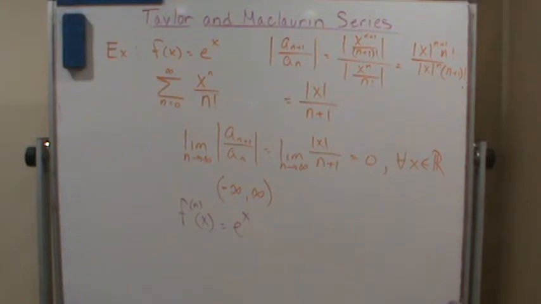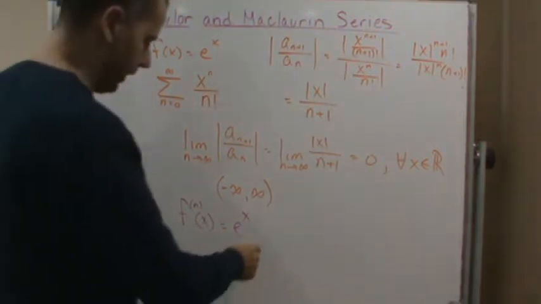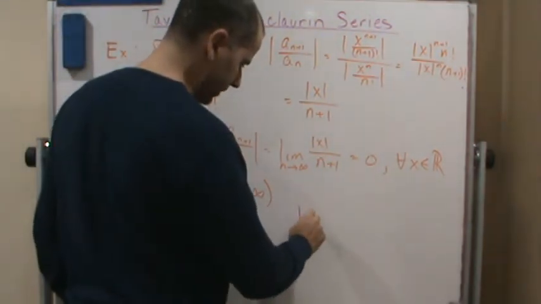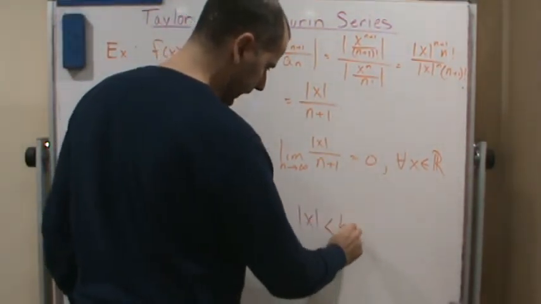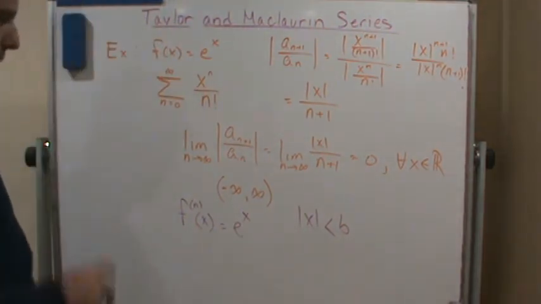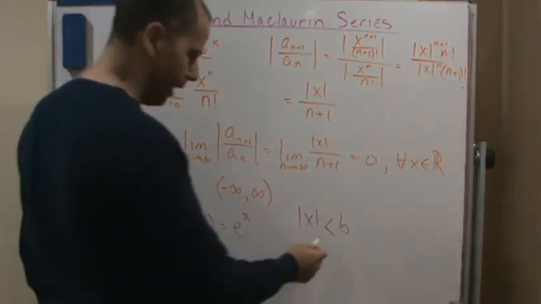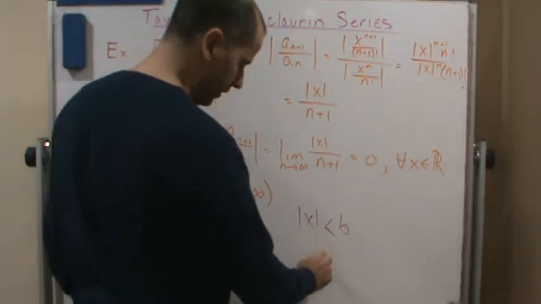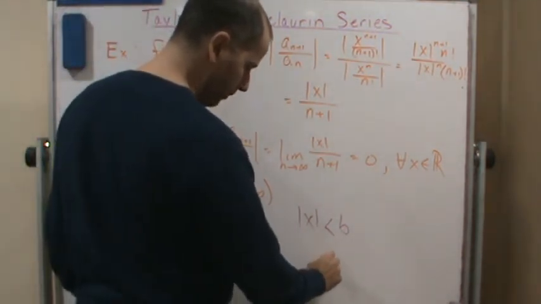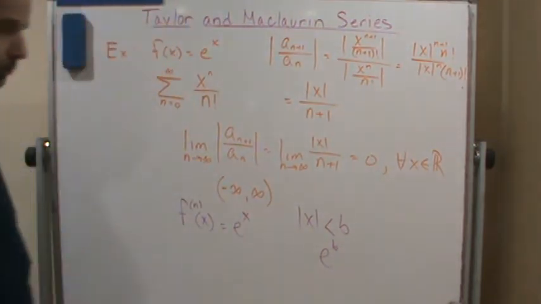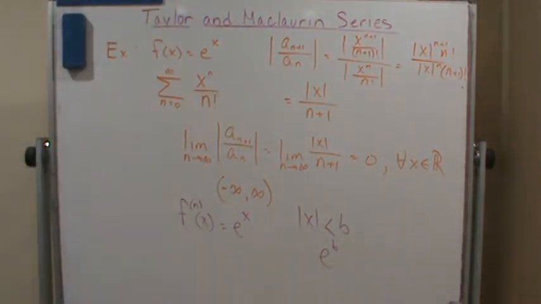So for any real number b, for any values of x less than b, the maximum value for an increasing function is going to be at e to the b.